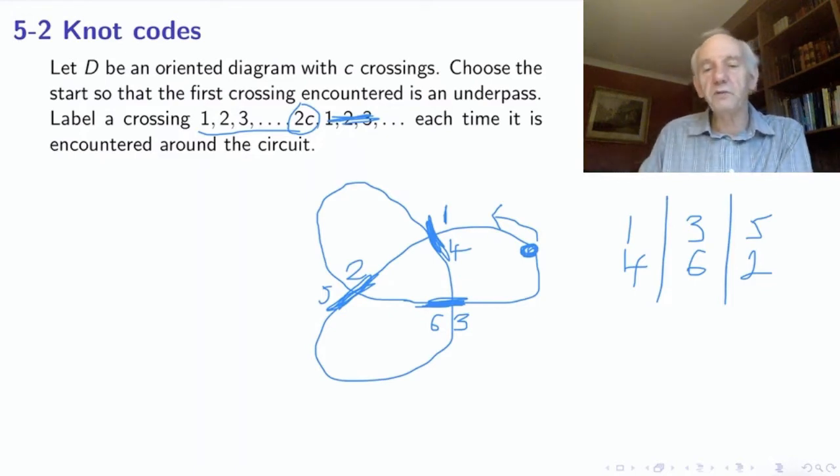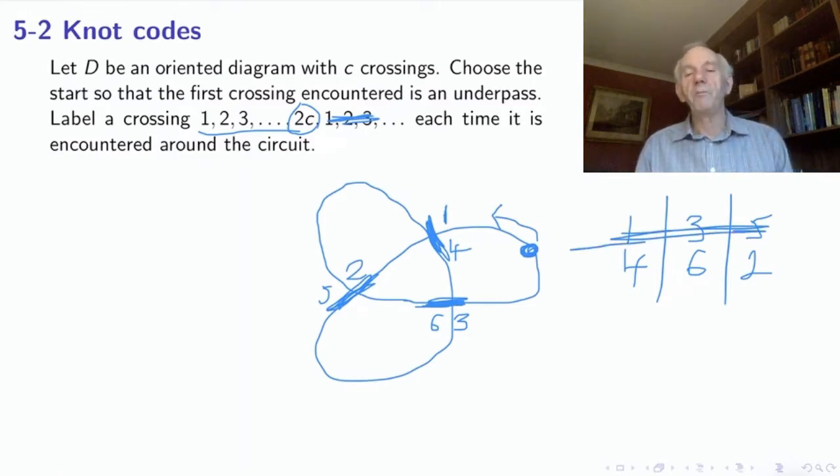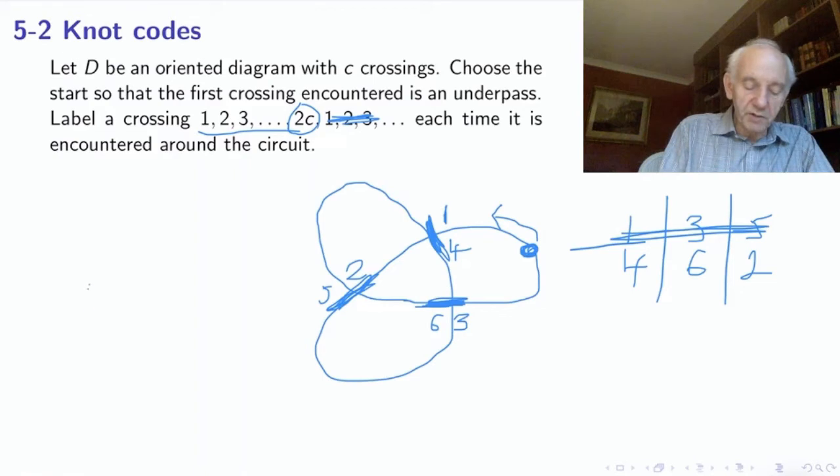But to encode this information, we don't need the top line in which I just put the odd integers in order. We just need to know what the even numbers are in the correct order. So the code in this case, the so-called DT code, would be 4, 6, 2.